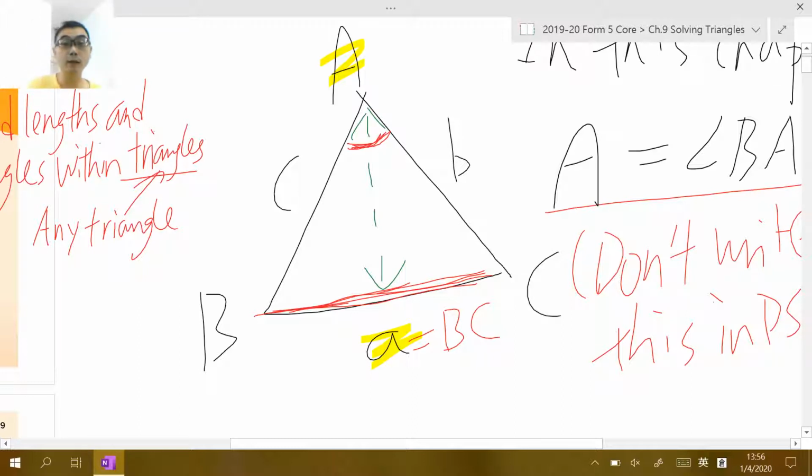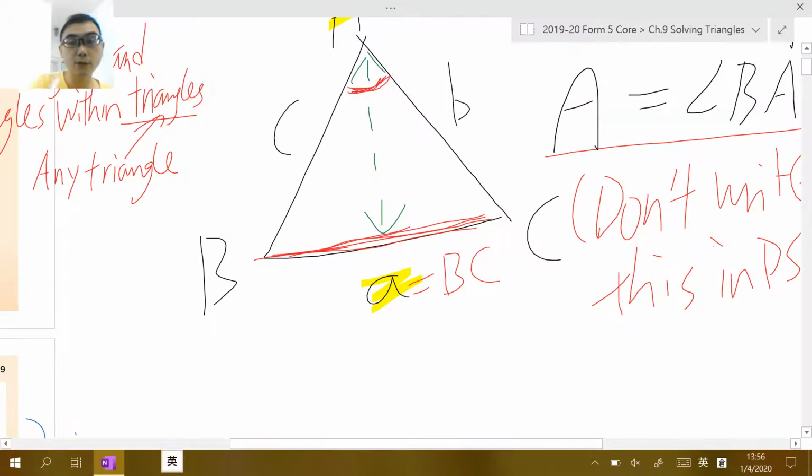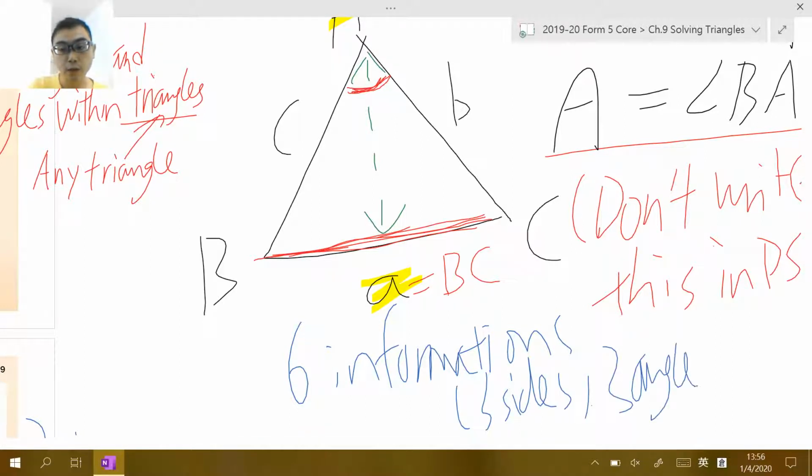That means that altogether in a triangle there should be 6 pieces of information, including 3 sides and also 3 angles. But you may ask, okay, Mr. Wong, how can we determine whether we are able to find the lengths and the angles in a triangle?